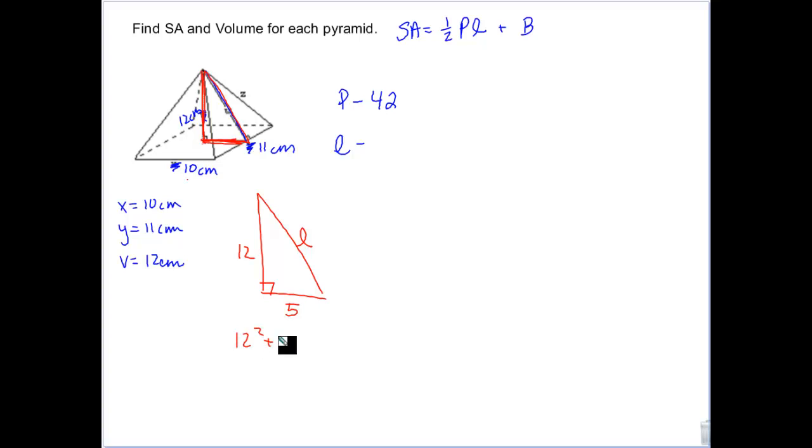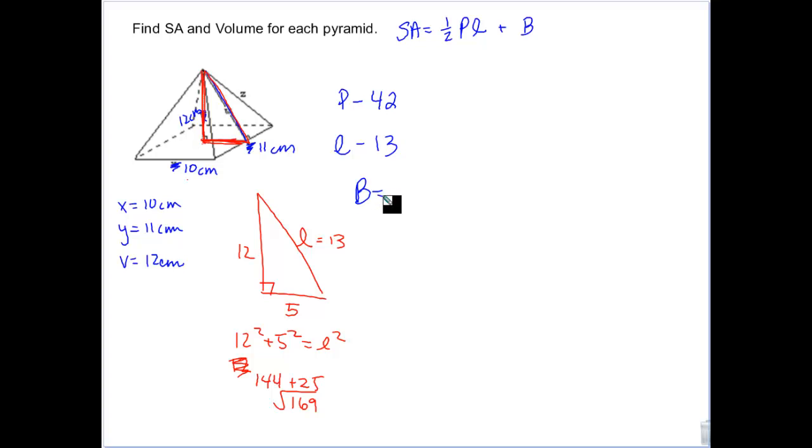And we can do Pythagorean theorem to find the slant height. So 12 squared plus 5 squared is equal to our slant height squared. So 144 plus 25 is 169. When we take the square root of it, we get 13. So our slant height is 13.